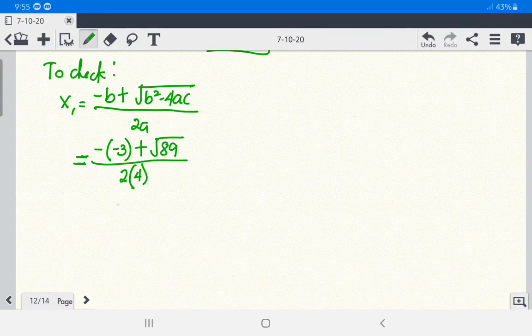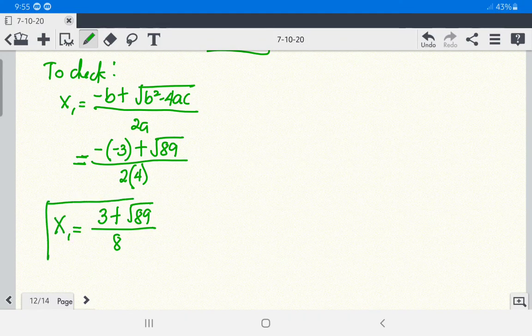Then we have negative 1 times negative 3, we have positive 3 plus square root of 89 over 2 times 4, we have 8. So this is the first root. We cannot simplify this radical because 89 is not a perfect square, or 89 doesn't have any factors wherein one of its factors is a perfect square.